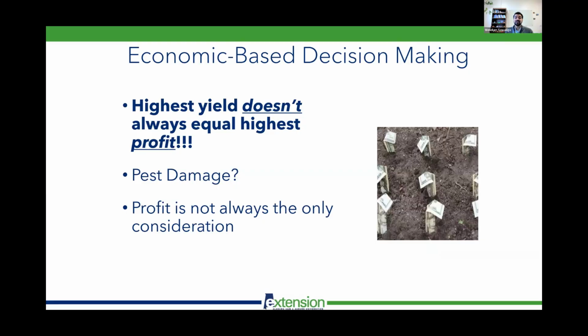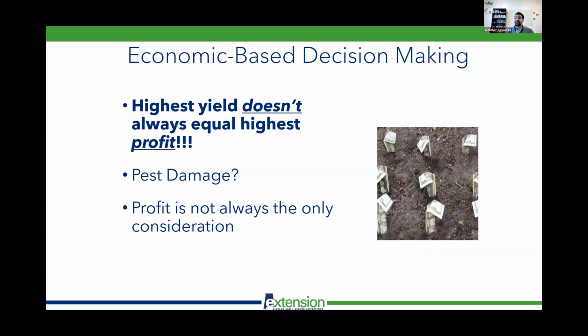Now, I mentioned, highest yield doesn't always equal highest profit. This applies to pest damage as well, when it comes to applying other inputs. So for example, insecticides, or labor costs for some of these things when it comes to removing pests, and even looking at how much pest damage exists.